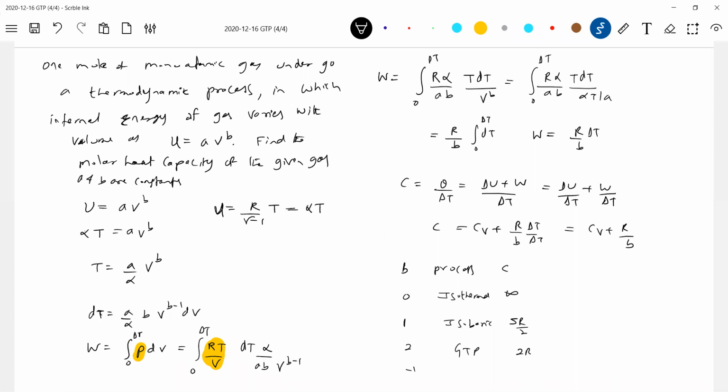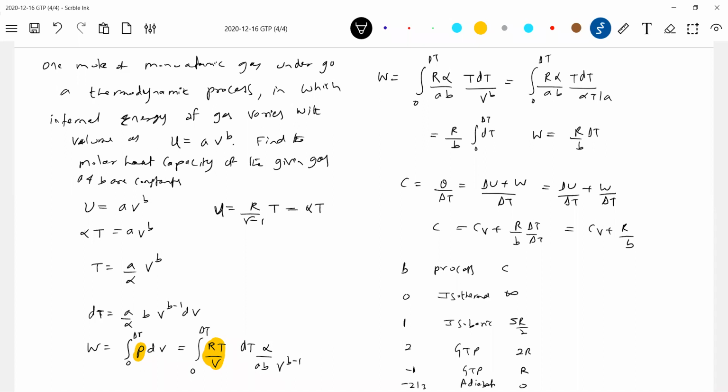B equal to -1 gives 3R by 2 minus R by 2, which will be R, also a general thermodynamic process. If B equal to -1, TV equals a constant. Can we make it 0? What should be the value of B to make it 0? -2/3, sir. This will become adiabatic.